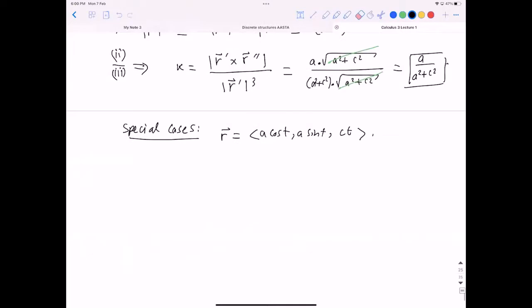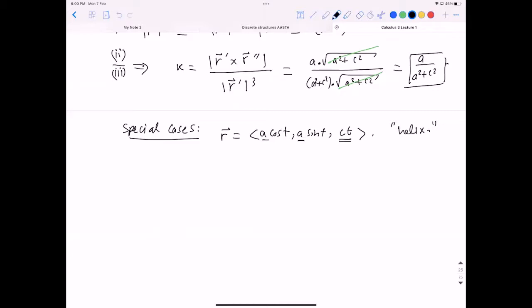It's a curvature of the helix. What helix? Circular helix, because this is A and this is A. It's not an elliptical helix like the example we had last week. The z-axis is the axis of the helix because the movement is along the z-axis. In the xy direction, the xy projection is a circle. So it's a circular vertical helix.